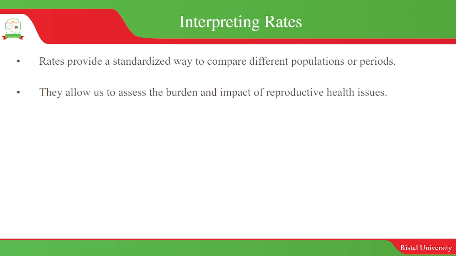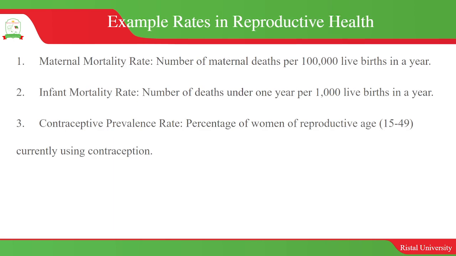So if the incidence rate, for example, for STIs in a population that you're going to intervene in is, let us say, 5, and then after the intervention it decreases to 1, then you can know that the intervention is effective. So the rates are actually very important.